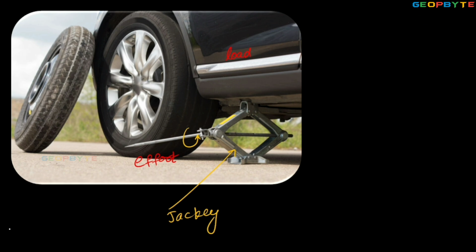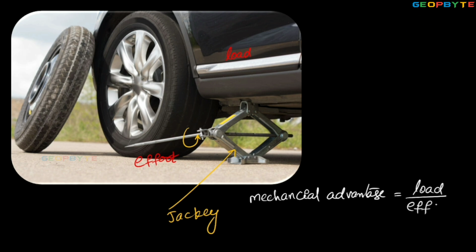Let me write that point clearly. Mechanical advantage equals load lifted divided by effort applied. By applying small effort, a large weight can be lifted, since the load lifted is always more than the effort applied with the help of the screw jack mechanism.